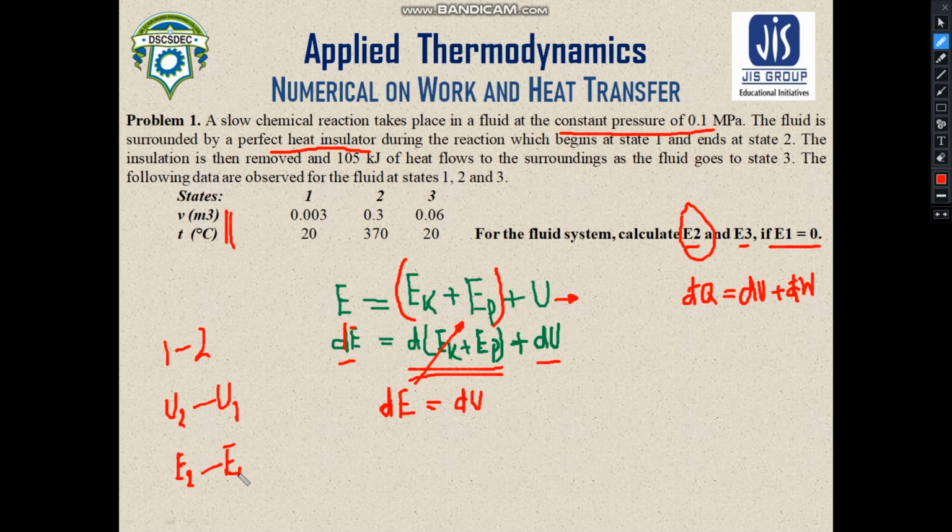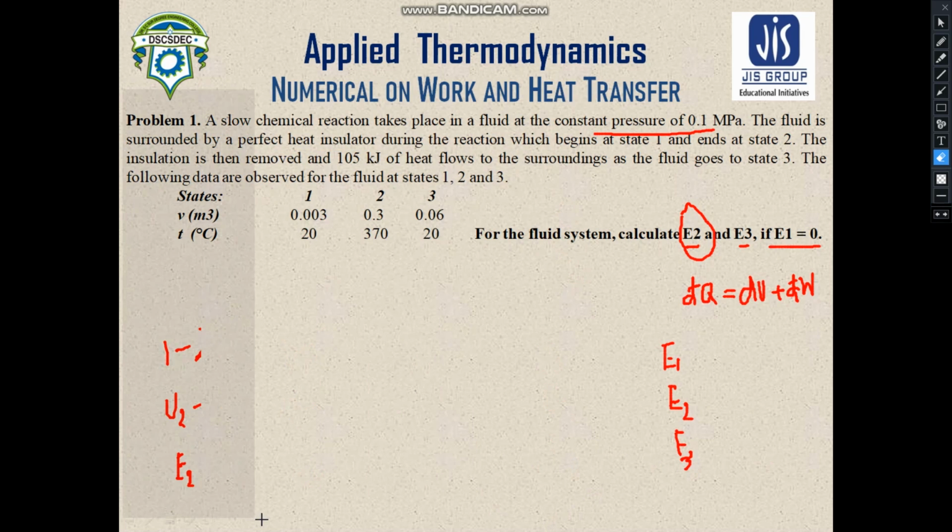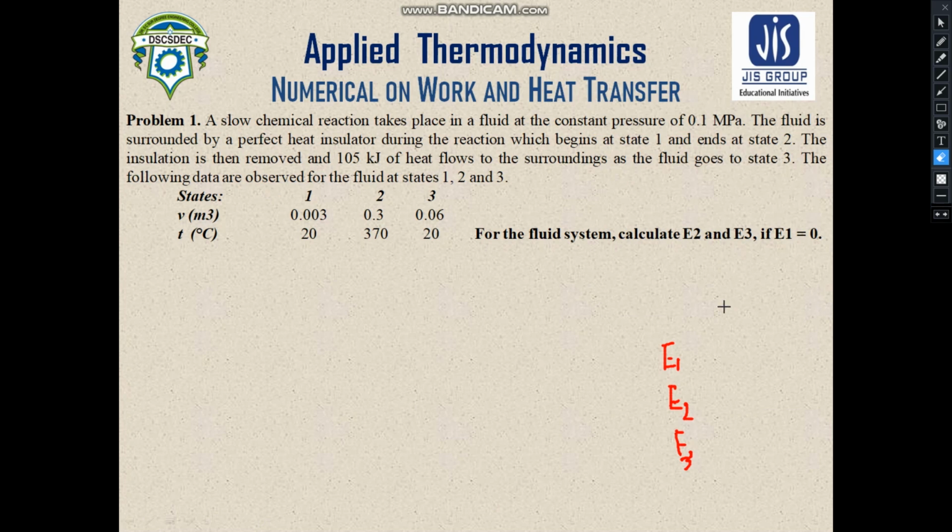As there are three specific states, you will have three specific internal energies, E1, E2 and E3. Now let us move to the solution part here. So E1 is given as 0.